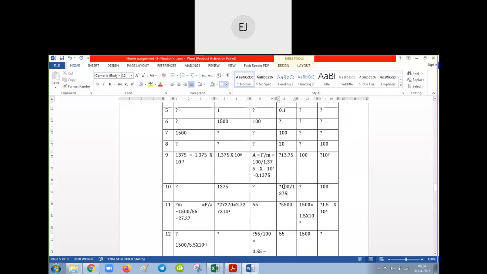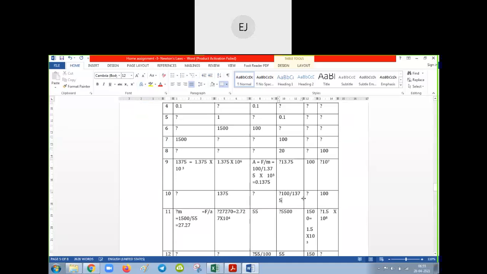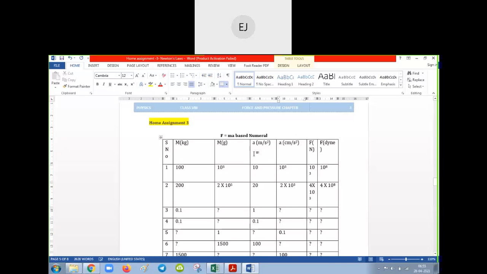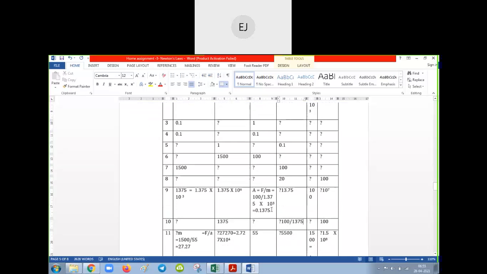You will get some value. Then after getting that, you divide it by 100. Then you will get it in meter per second square. Is it okay?